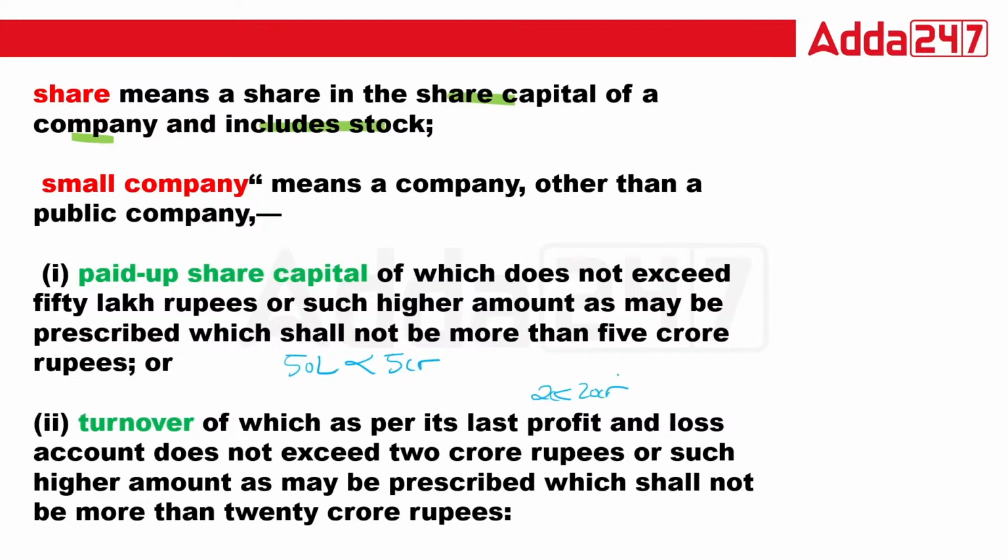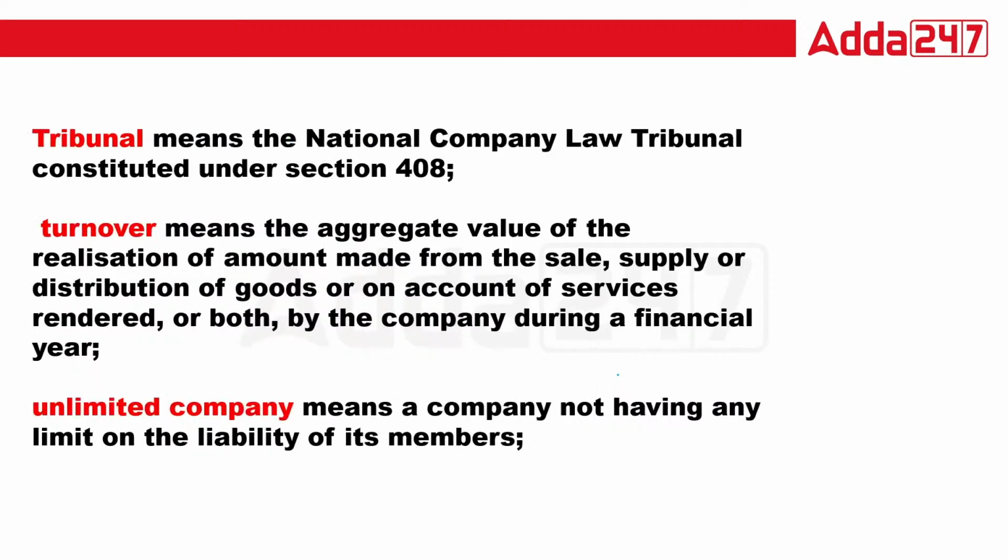Tribunal means NCLT. Turnover is the aggregate value of the realization of amount made from the sale, supply, or distribution of goods or on account of services rendered. Unlimited company has no limit on the liability of its members.